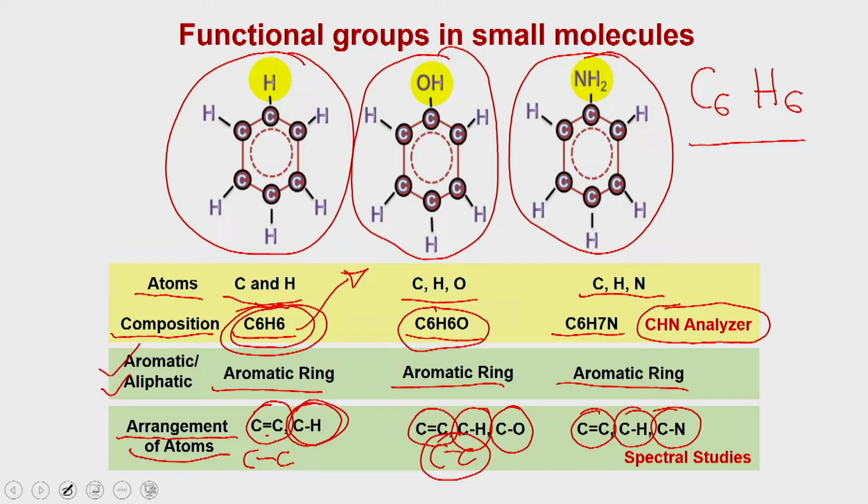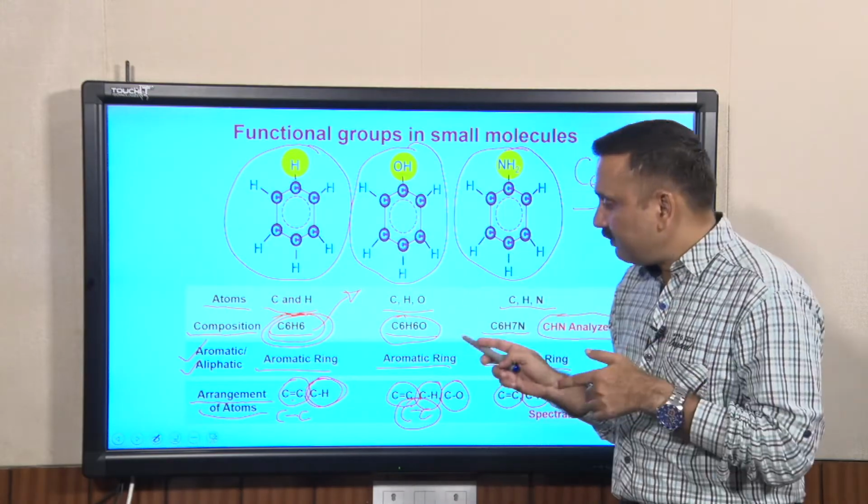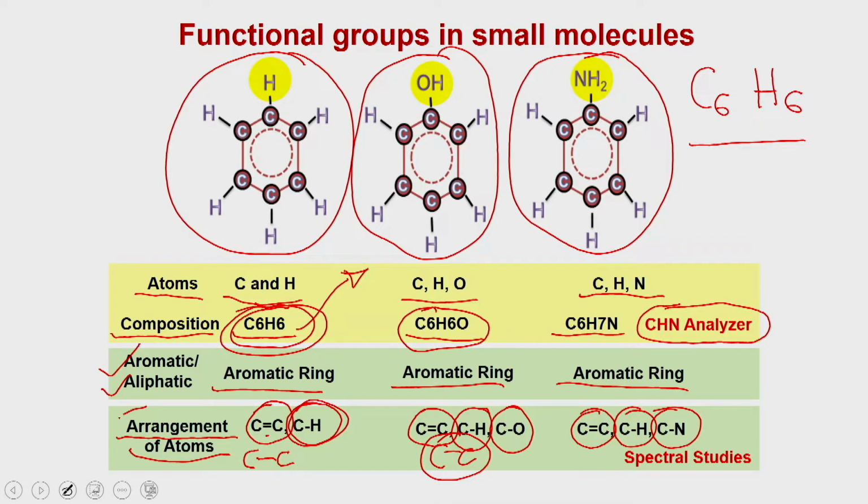In the case of phenol, you get an empirical formula C6H6O, which means now you have an oxygen, and that can give you the functional group in terms of the aldehyde, or in terms of the alcohol, and whether it is an aldehyde or an alcohol, that information you will get when you study the arrangement of the atoms.